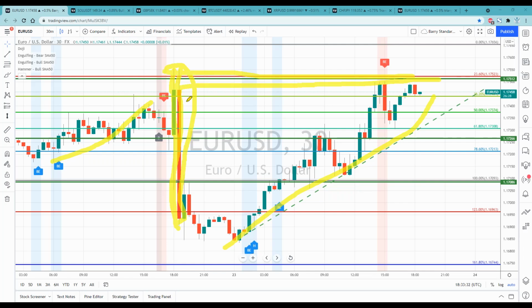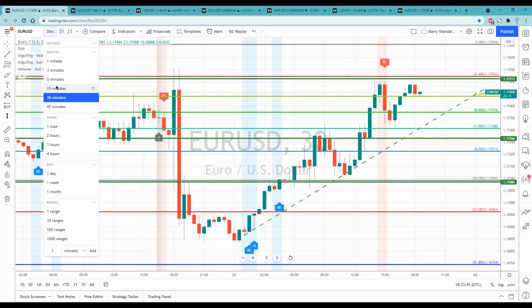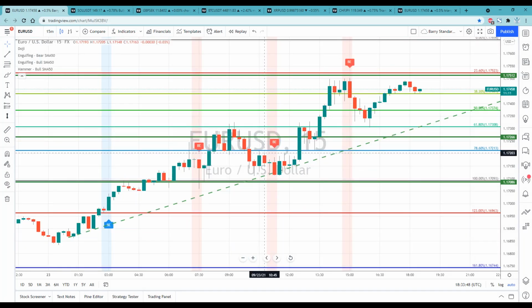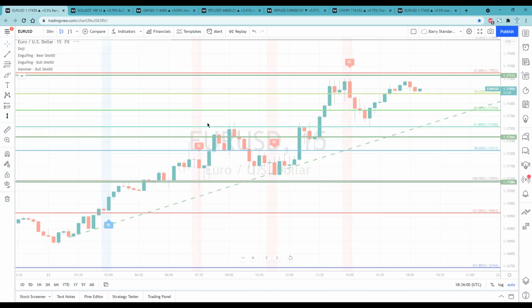Now, if we want to break down more what happened, we can go to a smaller time scale and look at it in a 15-minute chart. And then we get 4 candles that more precisely tell us exactly what happened in that time segment. Okay. Sorry, let's go back and circle it. So it was a little bit after 1800.